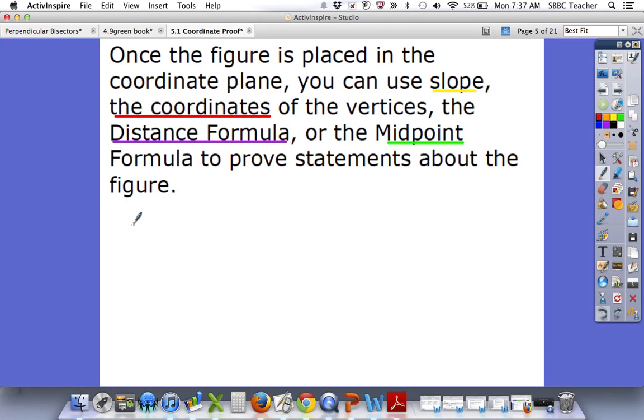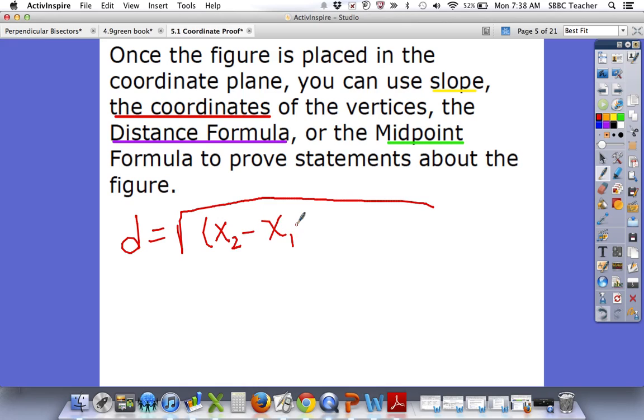As a reminder, the distance formula is d equals the square root of x2 minus x1 squared plus y2 minus y1 squared.